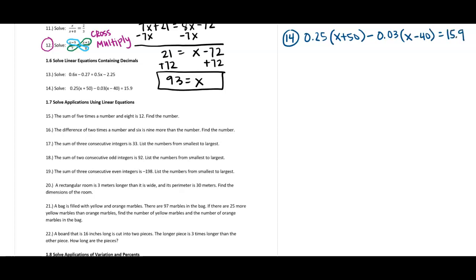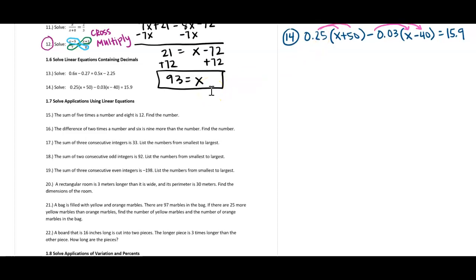All right, so again, we're using that distributive property, right? If there's a number on the outside, make sure that you're distributing it to everything inside. And notice that on this one, we're doing a negative, right? 0.03 that's being distributed through. Okay, so let me give you just try this one out and see what you come up with there when you work that one through.